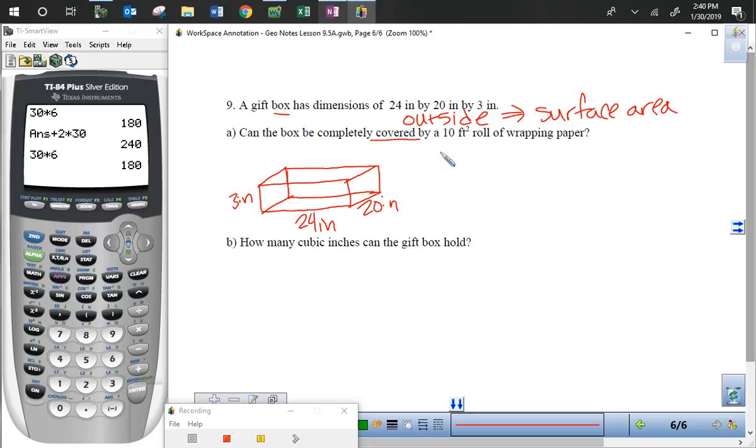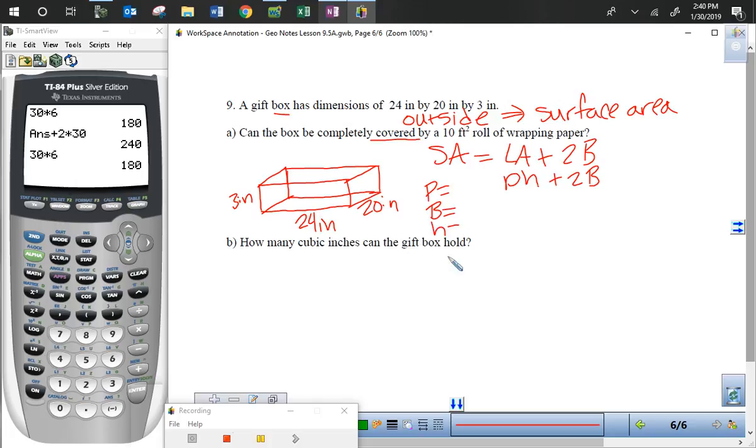So we need to find the surface area. Since this is a box, our formula from the cheat sheet is lateral area plus 2 bases. Lateral area is perimeter of the base times the height. So we need all these things, P, H, and B. So P, B, H, like we're used to.